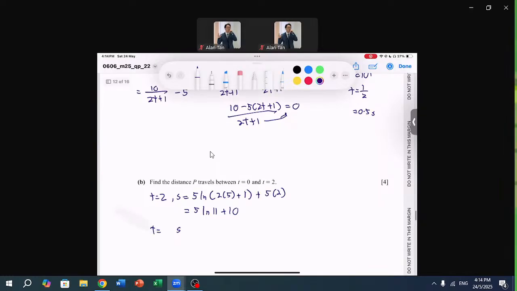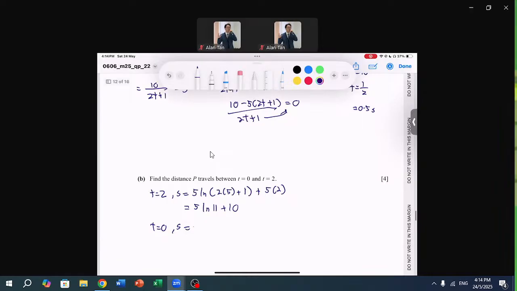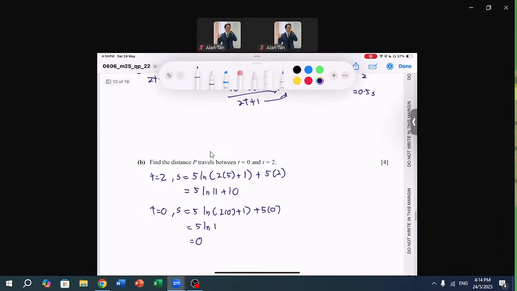At t equals 0, s equals 5 ln(2 times 0 plus 1) minus 5 times 0. That's ln 1, and ln 1 is 0, so it equals 0.